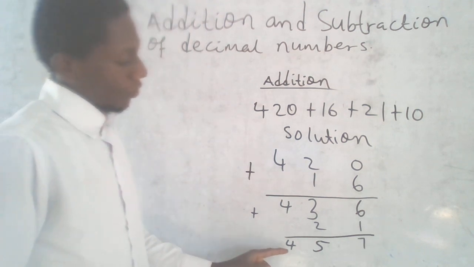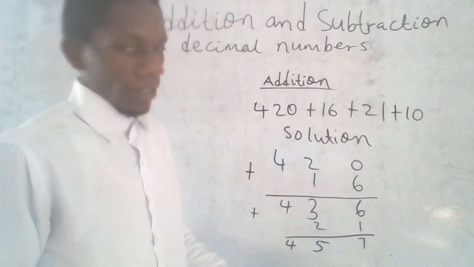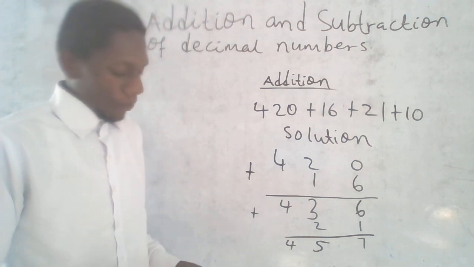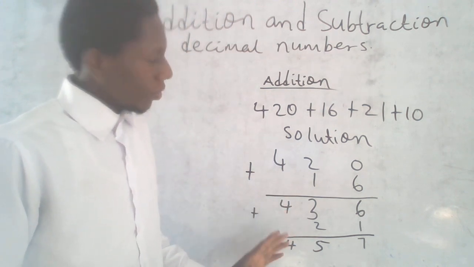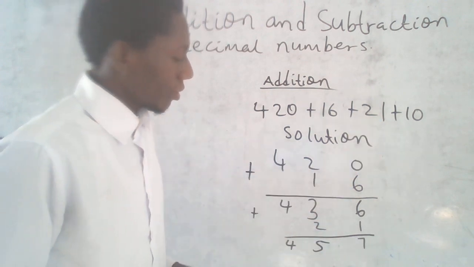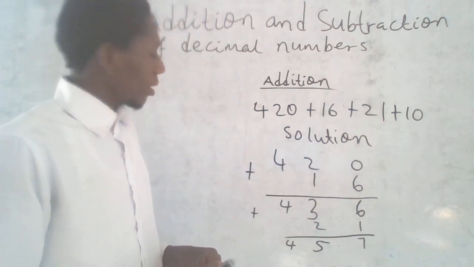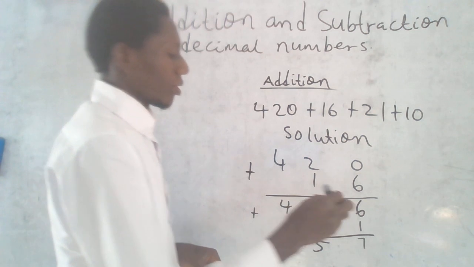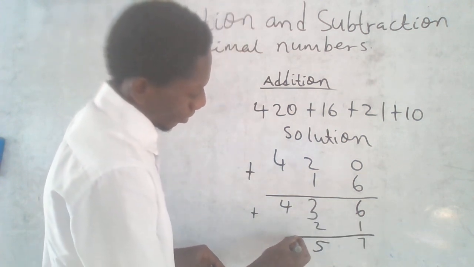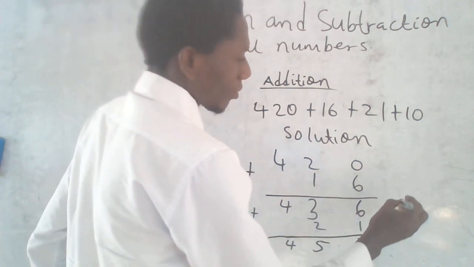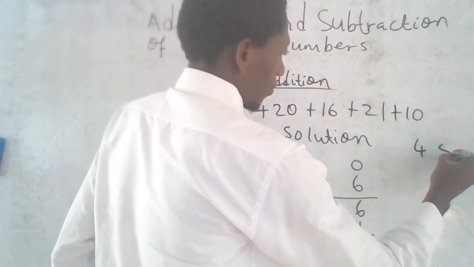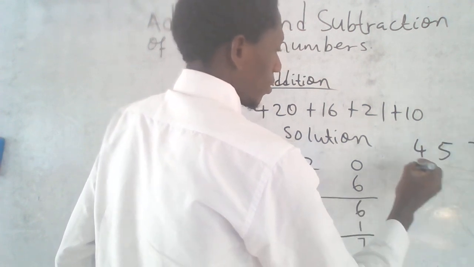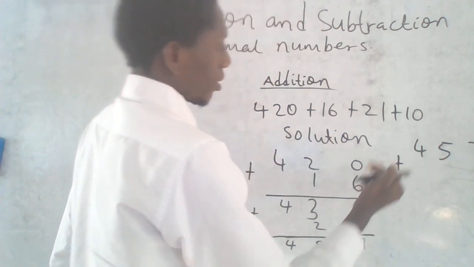So now you have 457. This 457, you will add to 10. So now we are doing 457 plus 10.